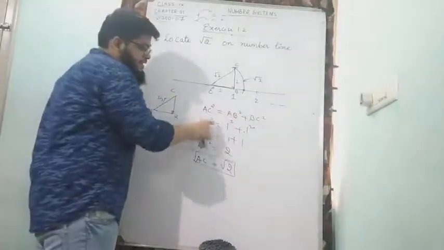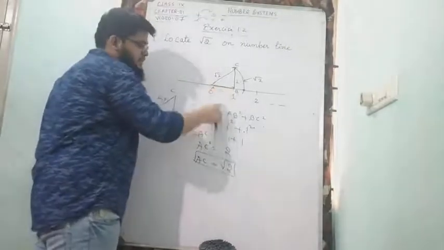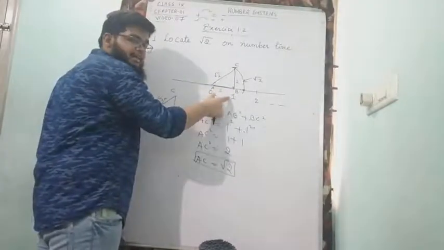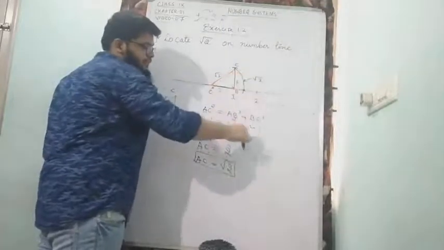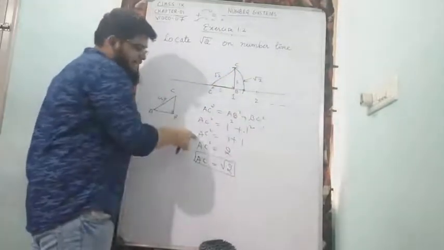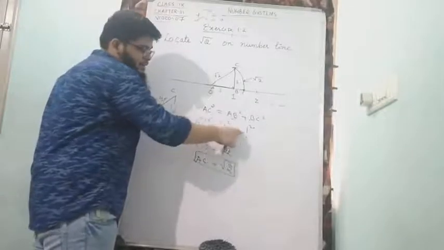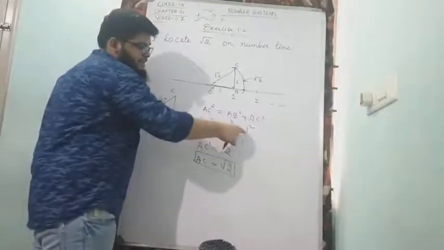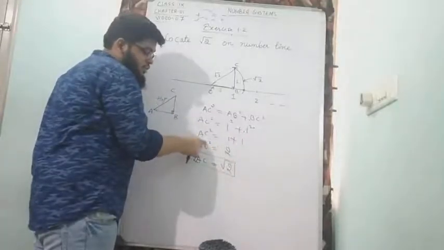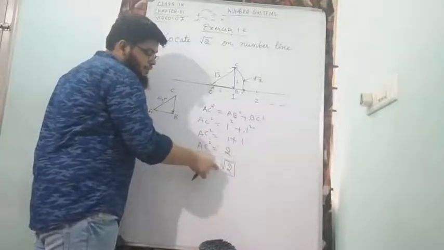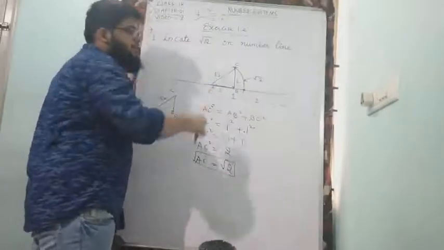So AC square is equal to, the value of AB is 1 here, because we have just taken 1 unit. So 1 square plus BC, because if this is 1, this is also going to be 1, it will be 1 square. AC square is equal to 1 square is 1, 1 square is 1, because 1 ones are 1, 1 ones are 1, and 1 plus 1 is 2. If I shift this square to the other side, square becomes root. So the value of AC will be root 2.